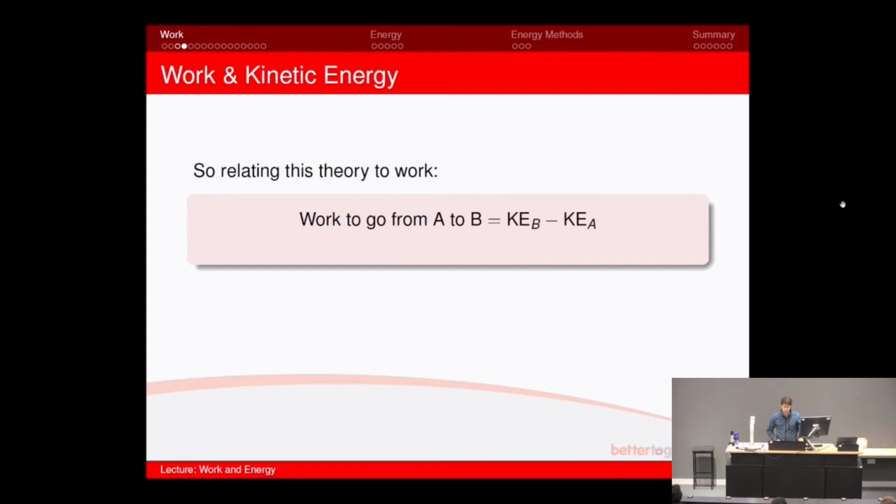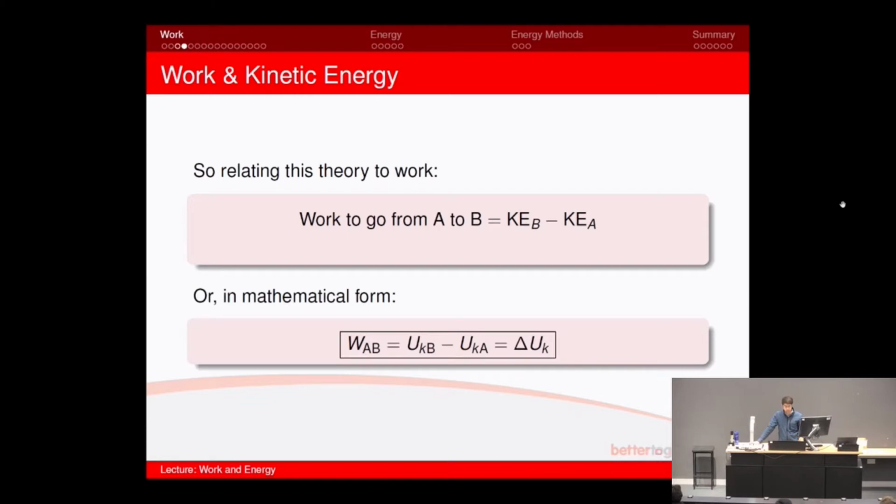Right, so kinetic energy is obviously, kinetic means movement. So if you move from point A to point B, your total kinetic energy will be the kinetic energy you have at B minus the kinetic energy you had at A. So that is the net kinetic energy. In mathematical terms, you can just rewrite it.